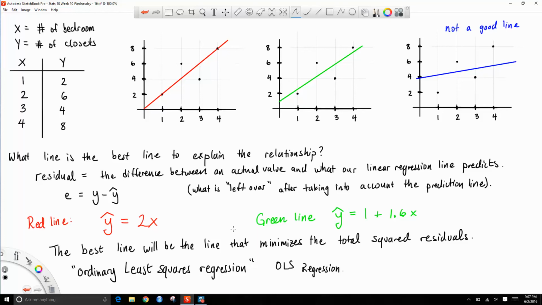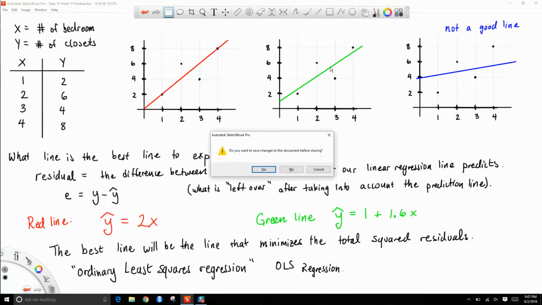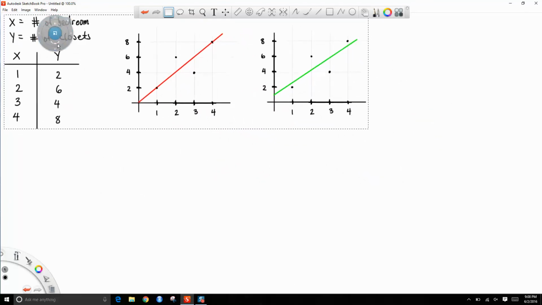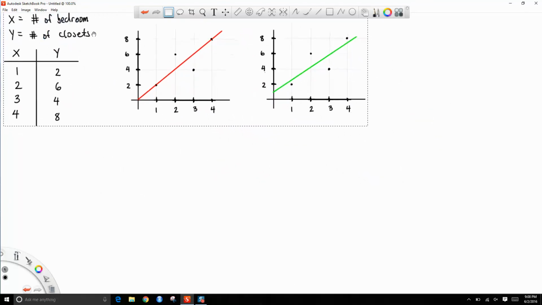Okay, so let me see if I can just copy this stuff here. So we have this, and you don't have to redraw it in your notes or anything. I've run out of space. And what did I say?